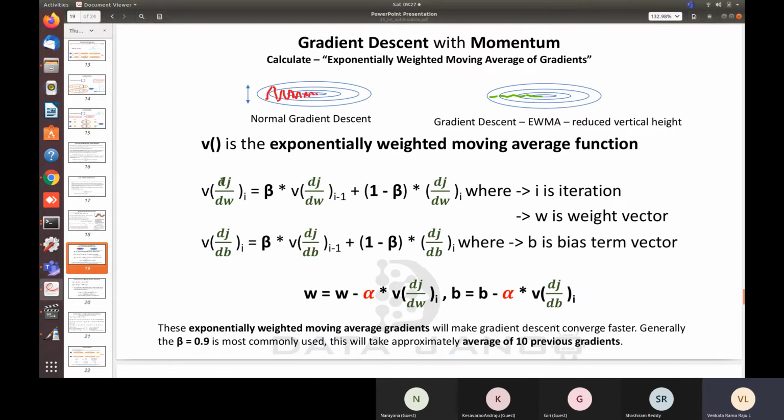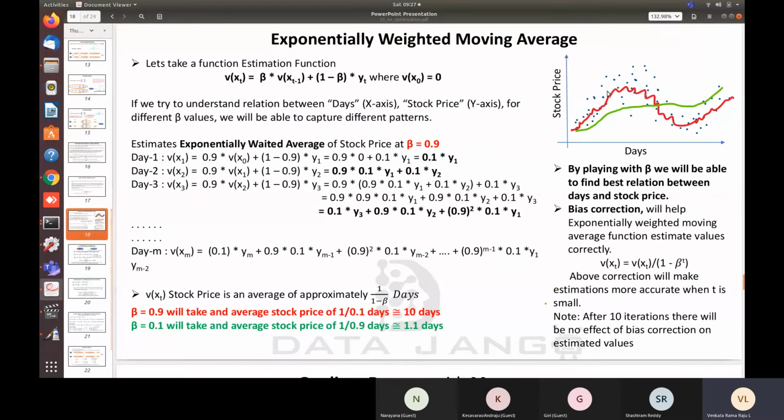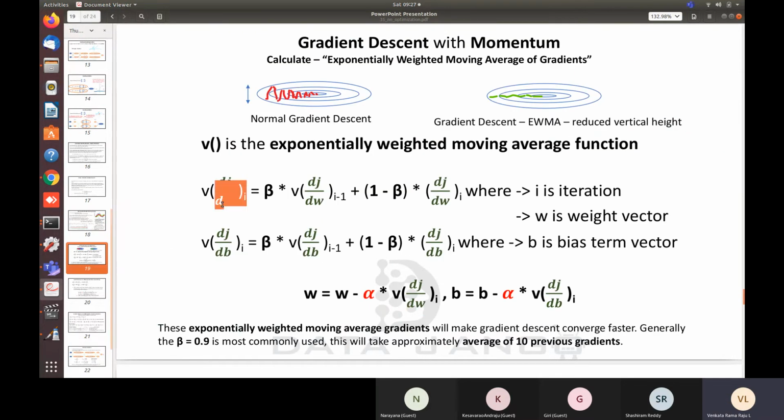Instead of calculating the derivative directly, we are using this. That means we are trying to understand the pattern in the gradient movement. If you know the pattern, your prediction, or the jump, is going to be more accurate.